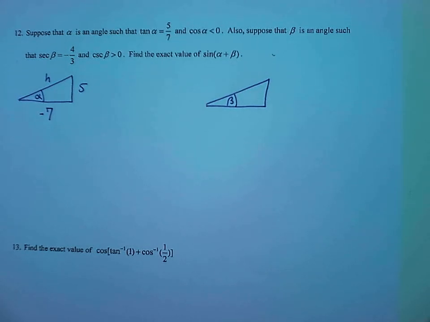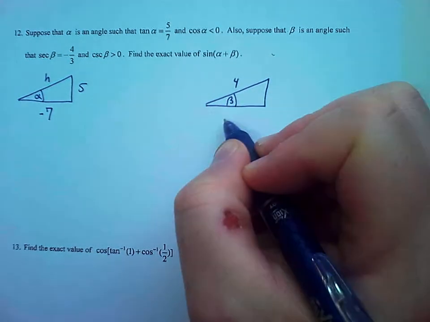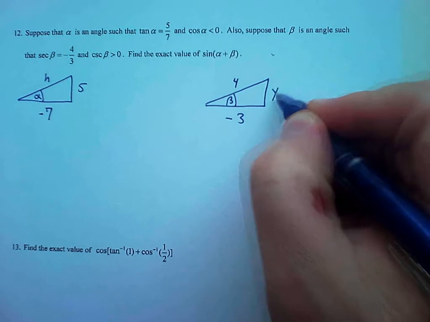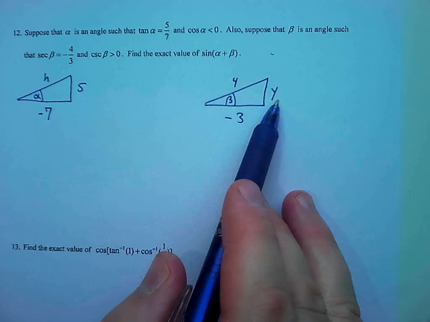So therefore, we know that for the secant, this is going to be 4, and this down here is going to be negative 3, since the secant of beta is the hypotenuse over the adjacent. So then here we don't know this side y. Alright, so let's try to figure out what h and y are.